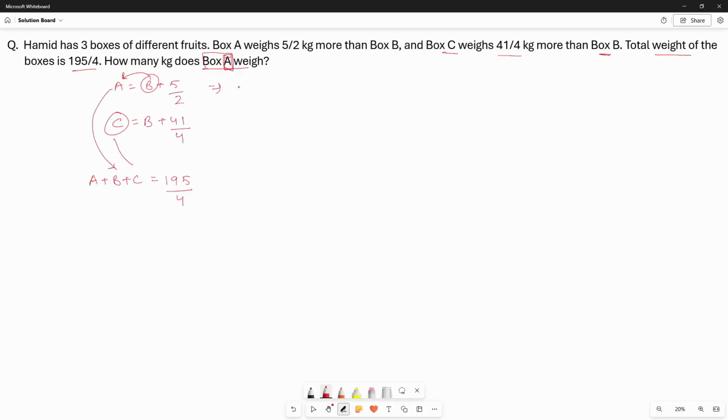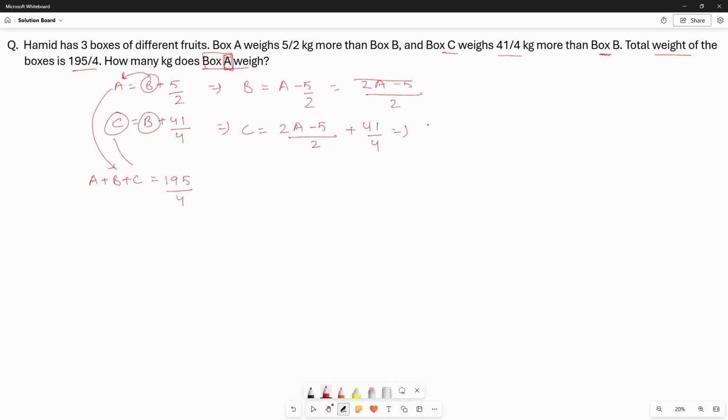So from here we can get the value of B as A minus 5 by 2, or we can write it as 2A minus 5 over 2, and from here we can get the value of C is equal to B, B is 2A minus 5 over 2 plus 41 by 4.